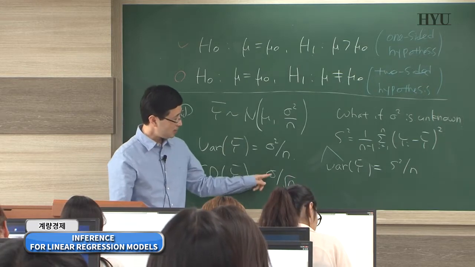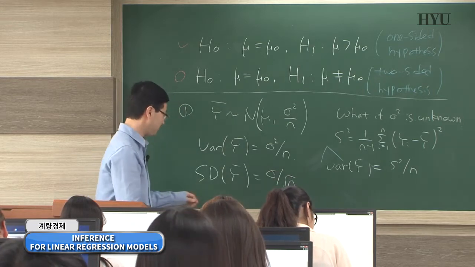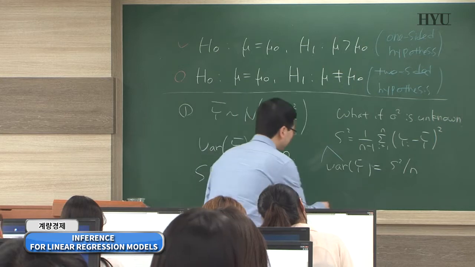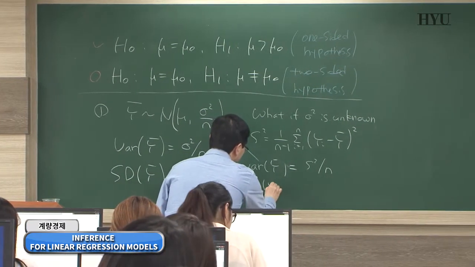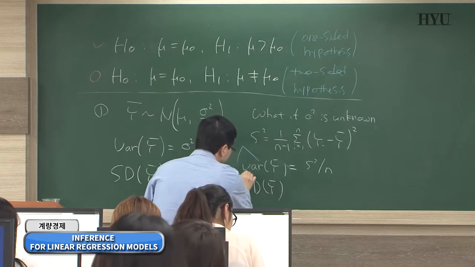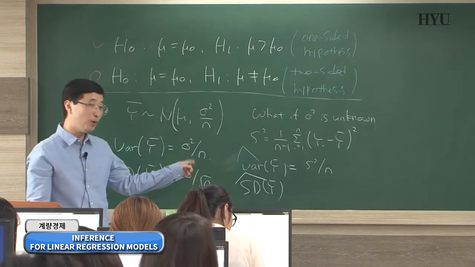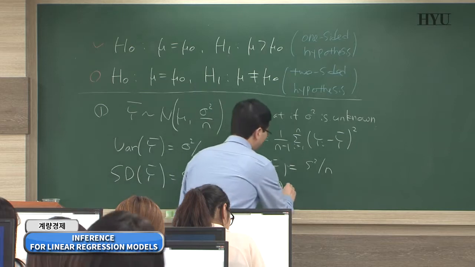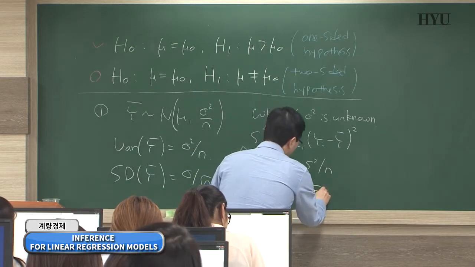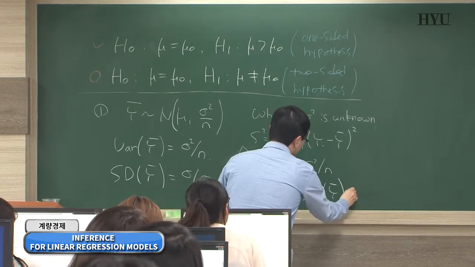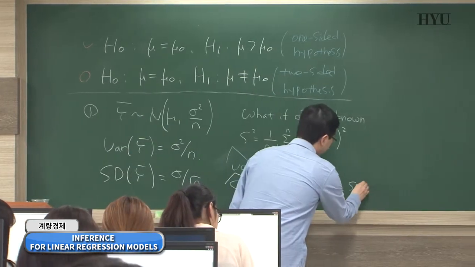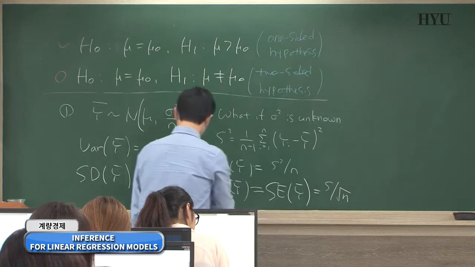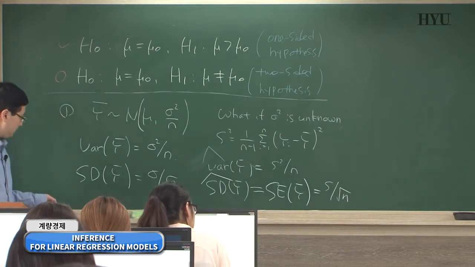So what is s divided by square root of n? So one way is to write down standard deviation of y bar, but our estimate. So this is one way to write it down. Or because we are going to use it so frequently, we just provide a new name, standard error. Okay, so that's the standard error of y bar.